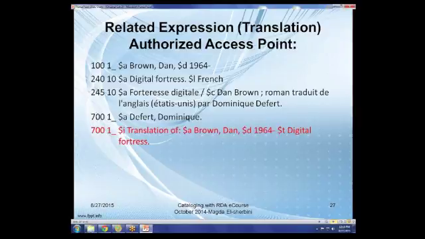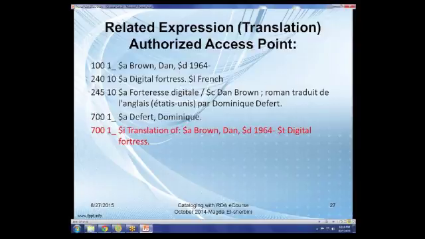And looking at this from the other side here, Dan Brown has been translated into French. So here we have the cover title in 245, and the cover title is French because that is how it would appear on the item itself. But then the uniform or preferred title is Digital Fortress in English, then with the subfield L we mentioned.